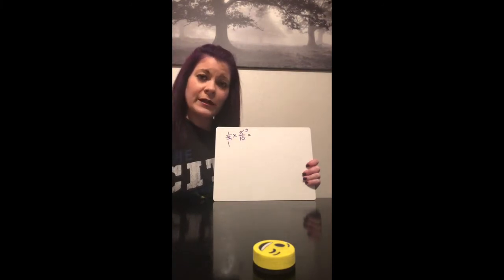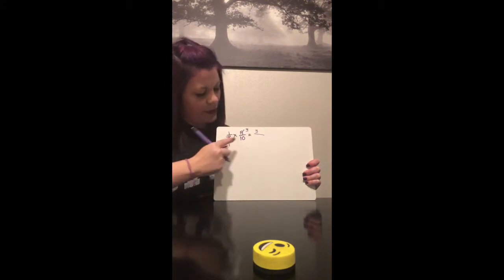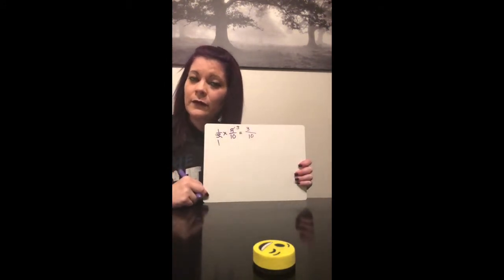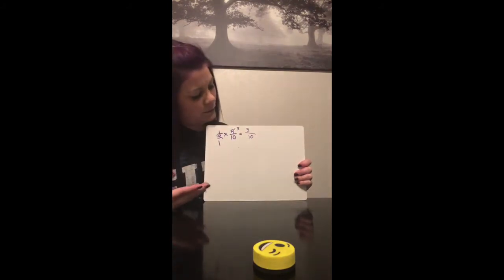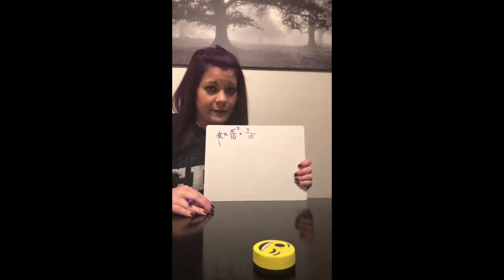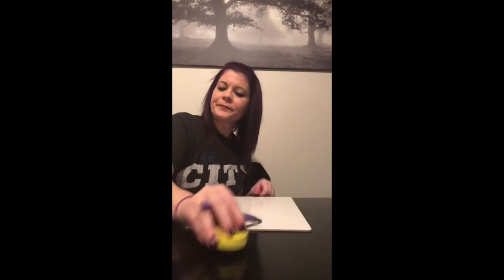And now we can just multiply straight across. 1 times 3 is 3, and 1 times 10 is 10. So we get our answer 3/10. And that is not an improper fraction, so we don't even have to change it. That's just our answer, 3/10. Let's try one more cross-reducing.